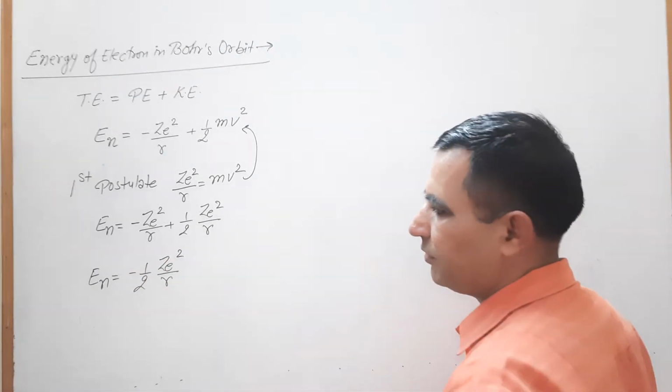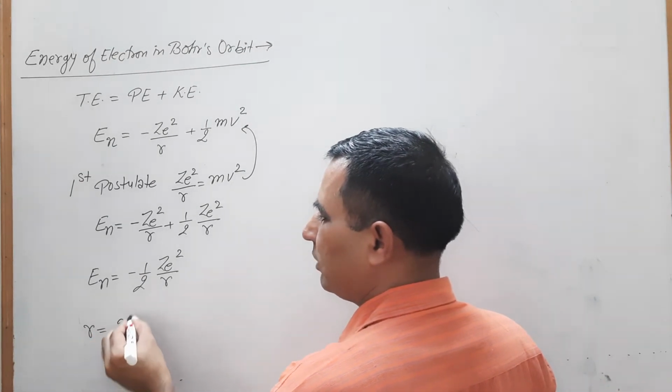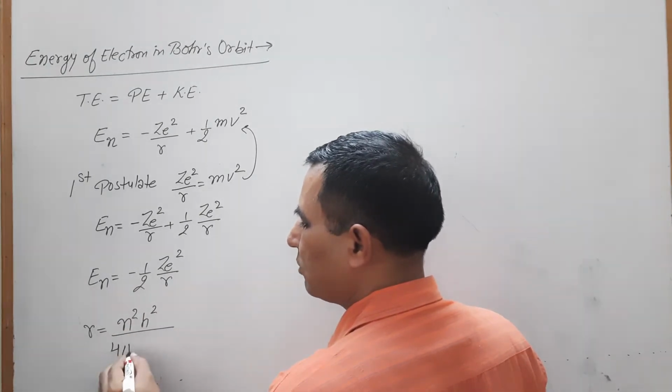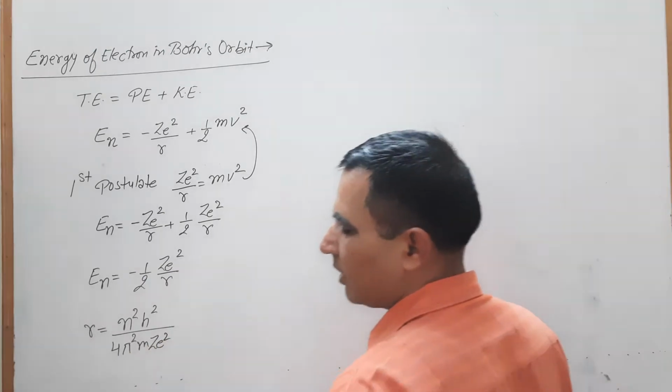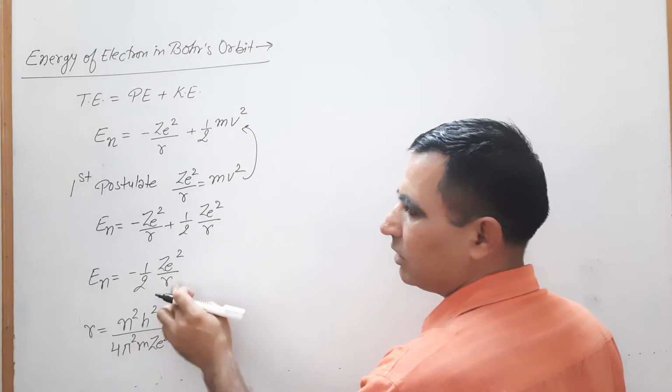In our previous video, we found the value of R. The value of R is equal to n square h square upon 4 pi square m z e square. Now we substitute this R value in this formula.